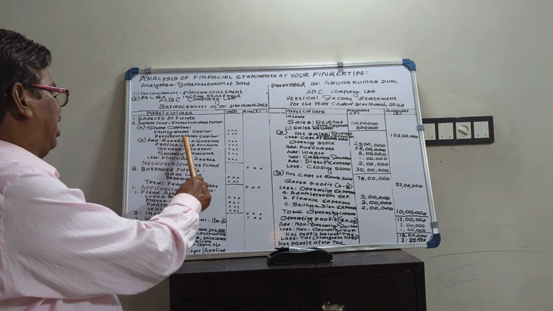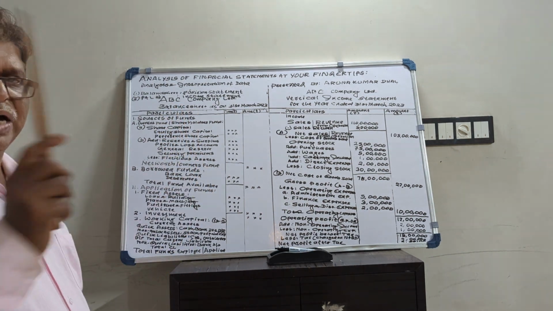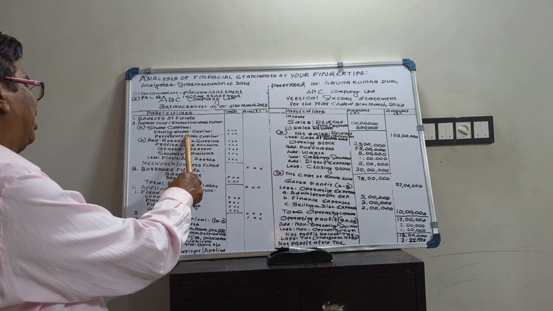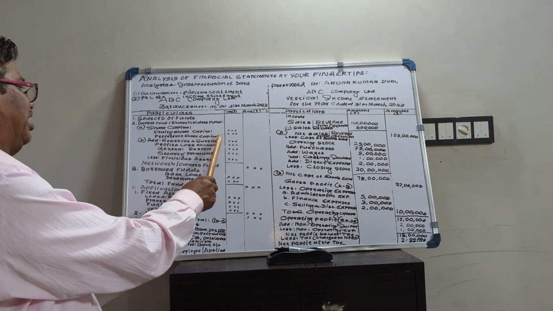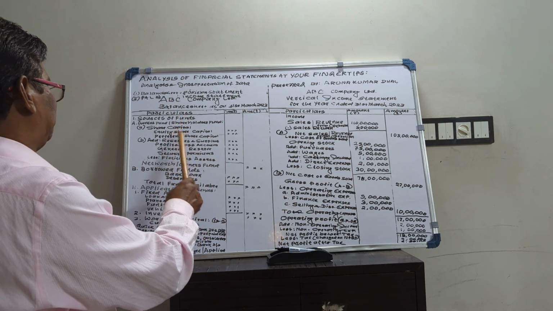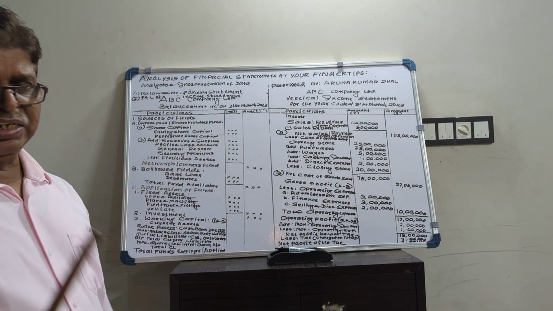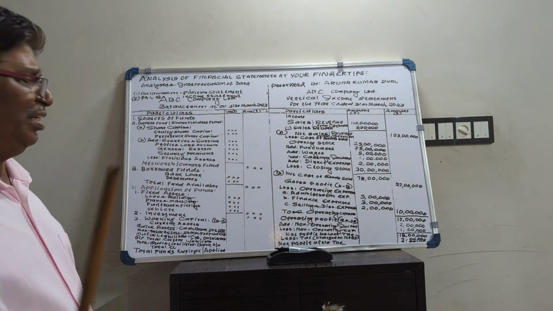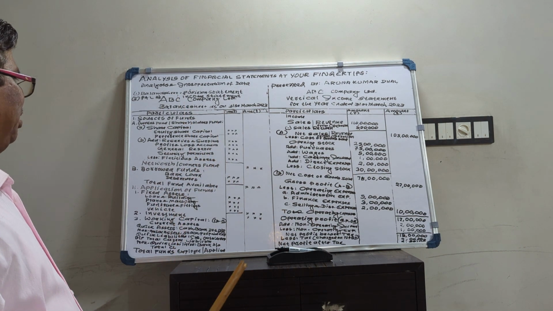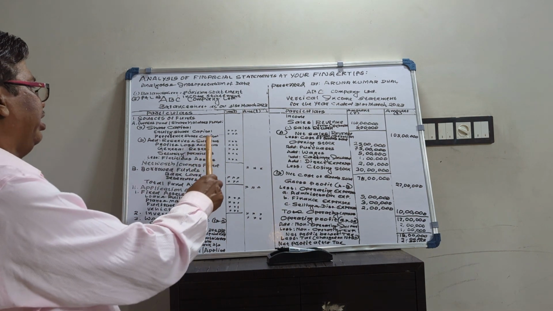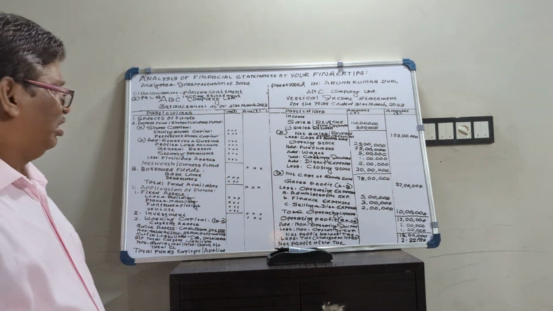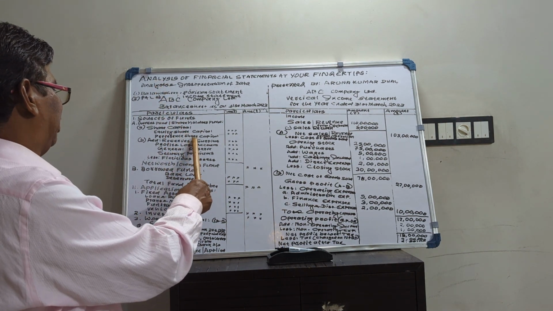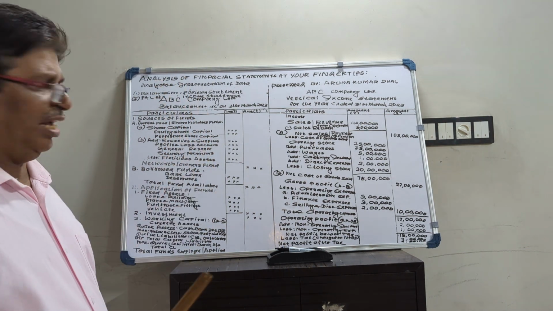And sometimes some preference shares are participating. If they are participating, then after getting the normal rate of dividend, they will participate along with the equity shareholders to get extra dividend. If they are not participating, they cannot participate. Then convertible, non-convertible. If preference shareholders are of convertible nature, they can convert their preference shares into equity shares.